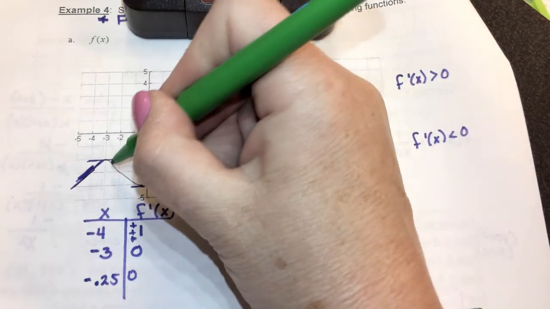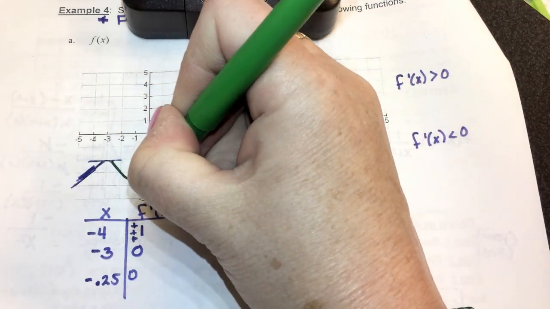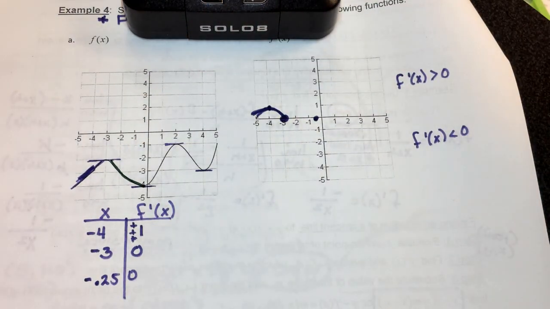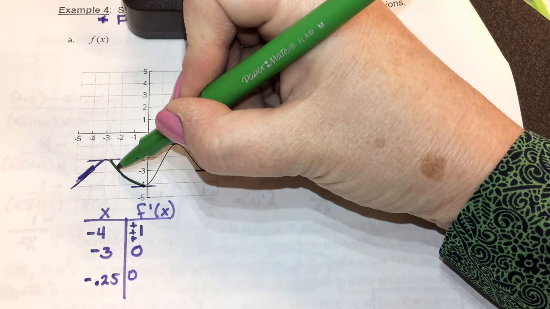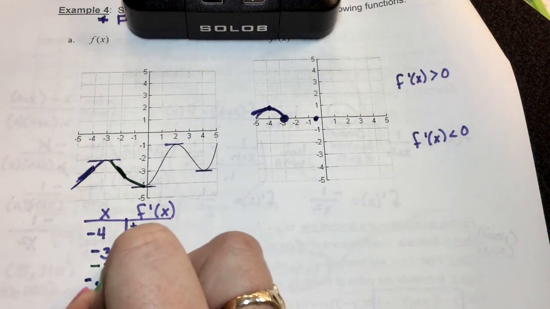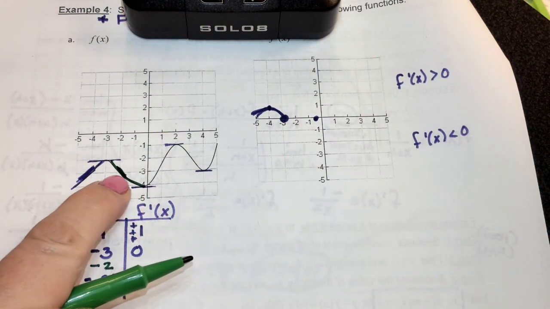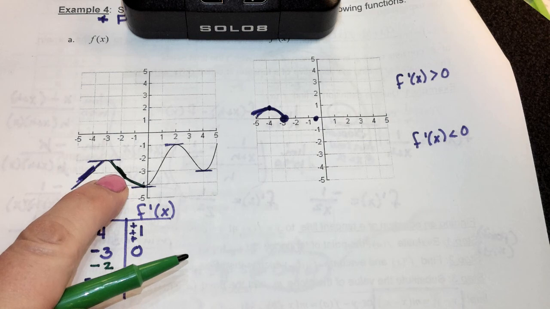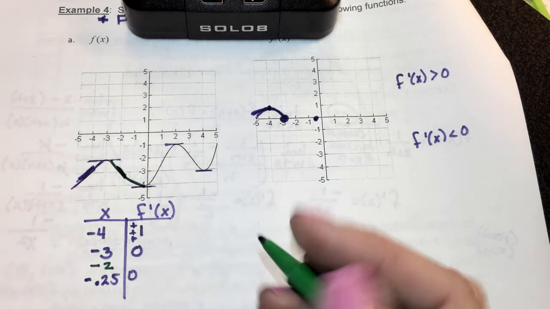So right here, these are all negative. So where does it appear we have about the steepest slope? About negative 2. So at about negative 2, what is a good approximation for this particular slope? Negative 1 or negative 2.